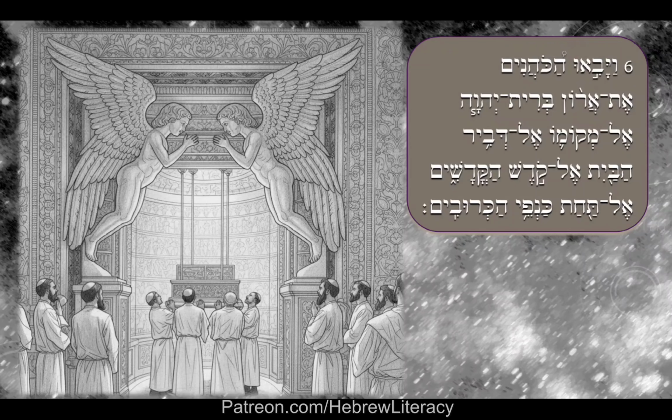Vayaviu. So this is a hefil. It's corrected by the Nazarites who pointed the text. The chirik there. From the verb ba, to come, but it's hefil, so it's cause to come, so to bring.